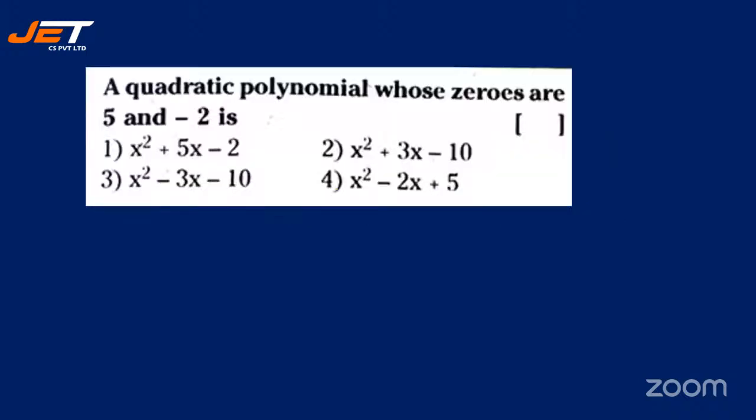Here goes the first question. A quadratic polynomial whose zeros are 5 and minus 2 is dash.